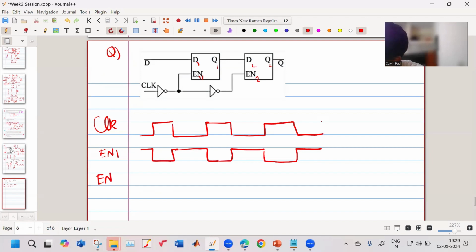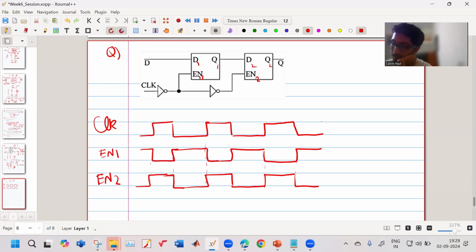What is my enable 2? This is my enable 2. My enable 2 is same as the clock, right?